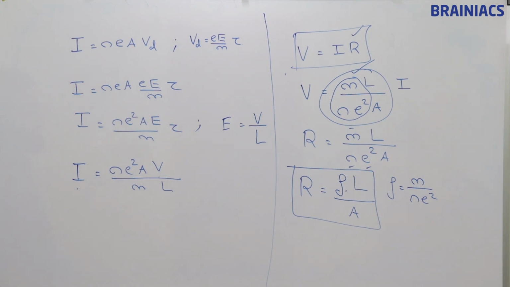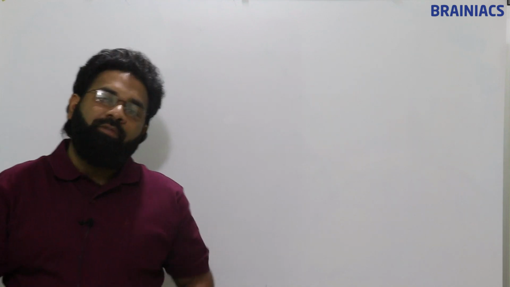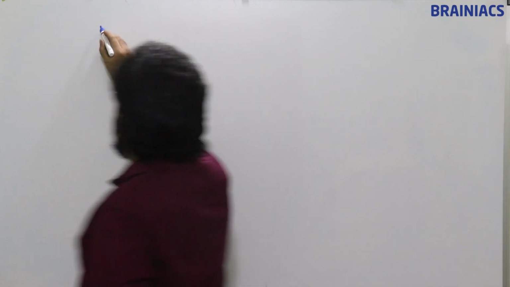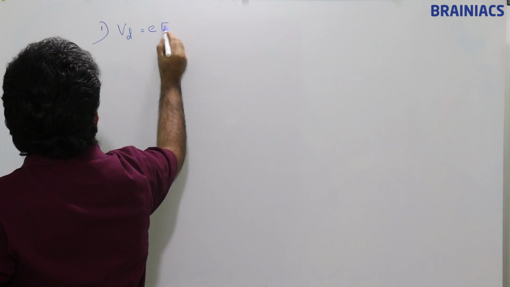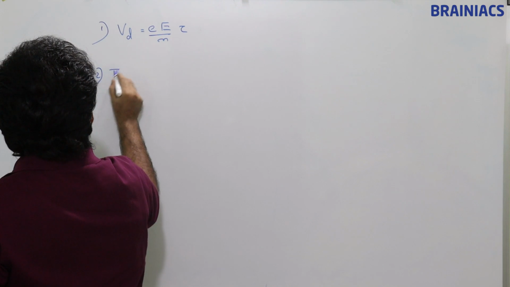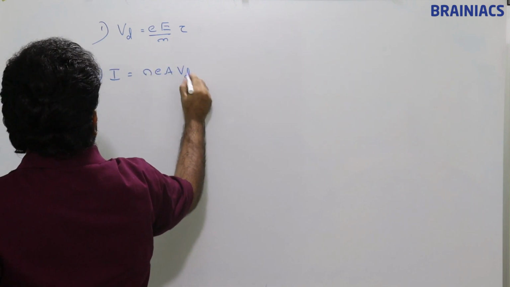So note it down. A quick recap of what we have studied today, right from the beginning, the basic theory. One thing is drift velocity, E divided by m into tau. Then the relation between drift velocity and current, I equals nAeVd.